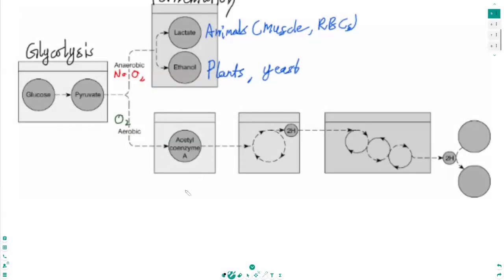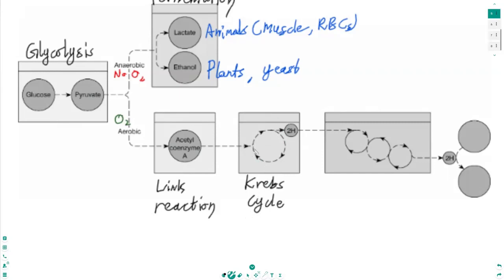This step here is called the link reaction. This is when the pyruvate is converted into acetyl-CoA, and this acetyl-CoA is then fed into the Krebs cycle, also known as the TCA cycle.